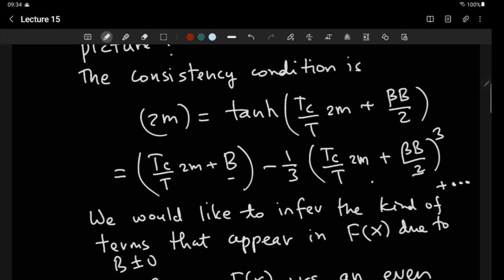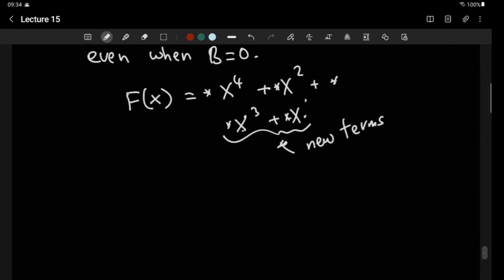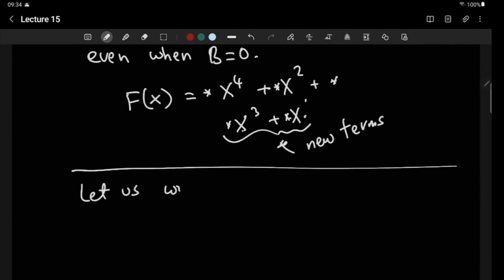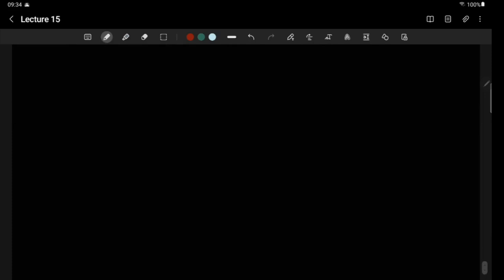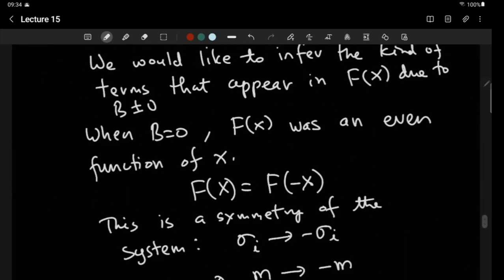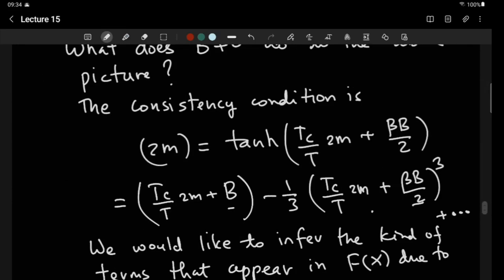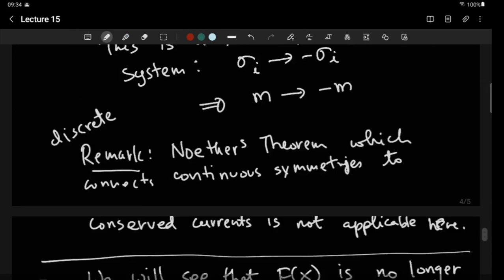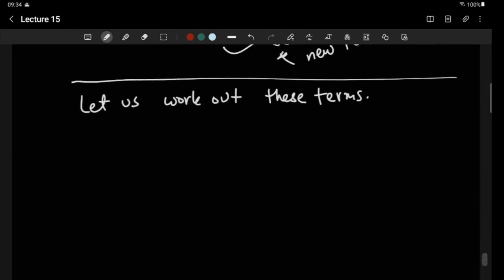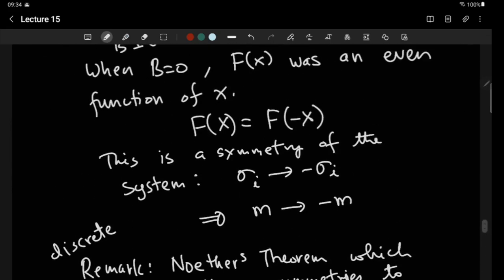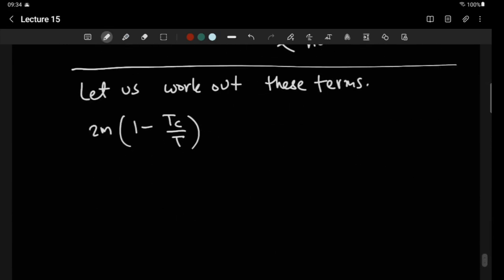So let's try to isolate and work out these terms. I'm sorry, I need to write those equations again. The equation: 2m into 1 minus tc by t, then minus b.